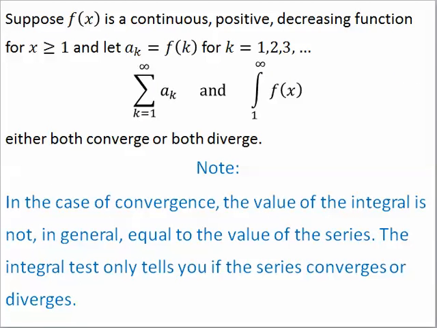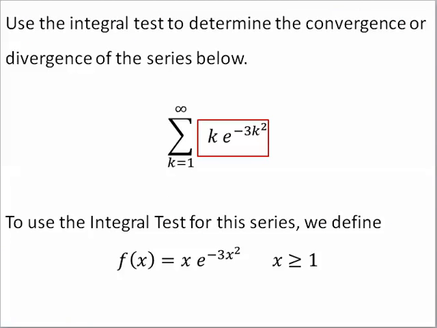In the case of convergence, the value of the integral is not, in general, equal to the value of the series. The integral test only tells you if the series converges or diverges, so it's just a thumbs up, thumbs down test. For our problem, we're going to define f by looking at the terms of our infinite series.